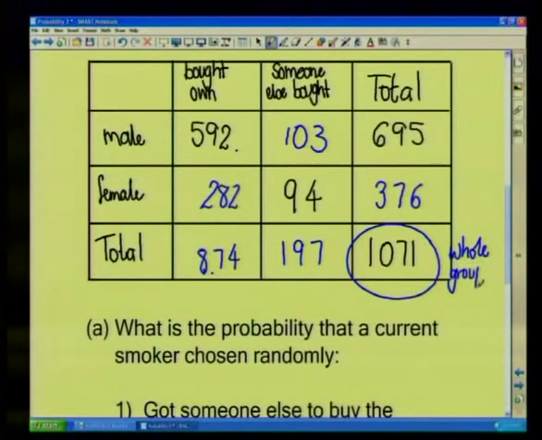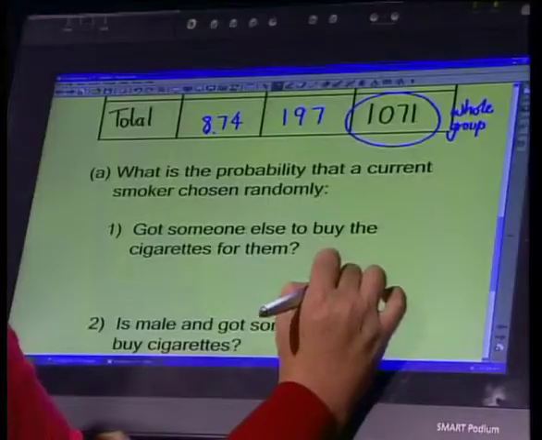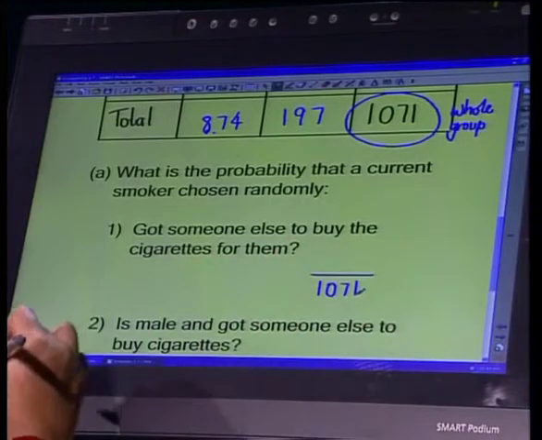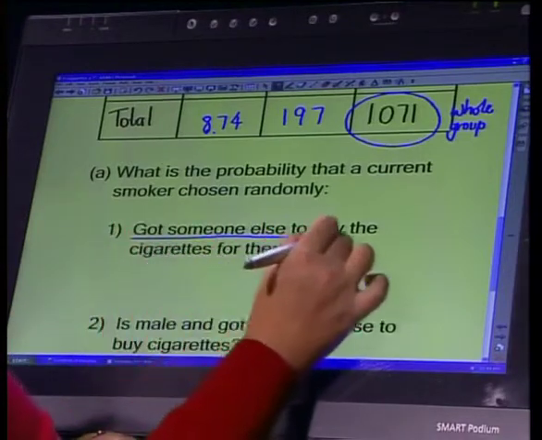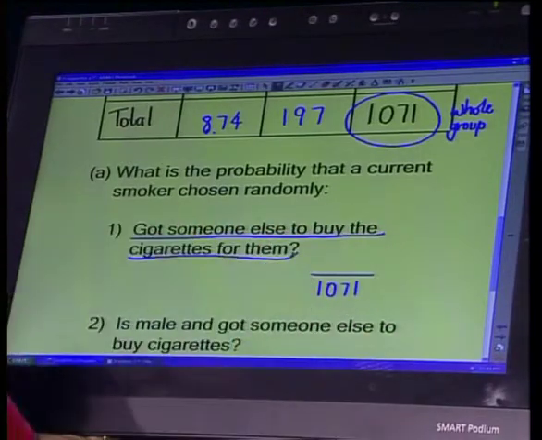Whoever we are looking at as the whole group has to be the denominator. That is the bottom number of your fraction. So I know that the bottom number has to be 1071. Now we're going to look at got someone else to buy the cigarettes for them.